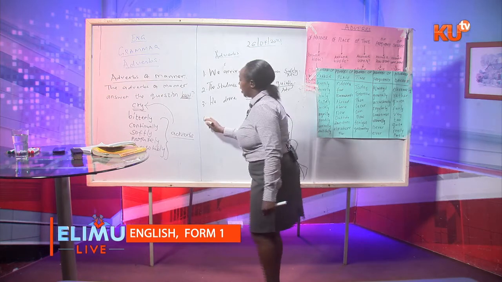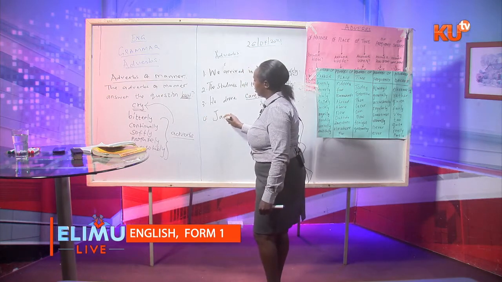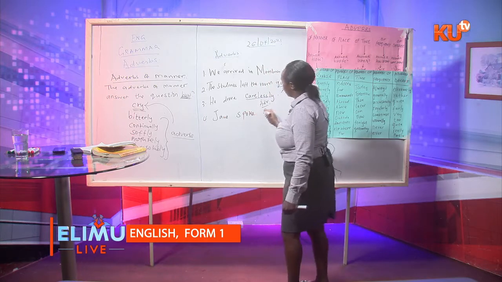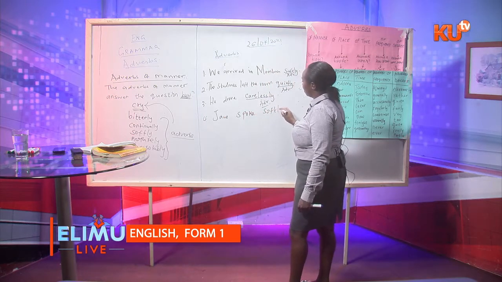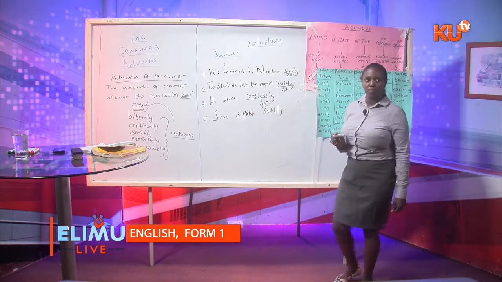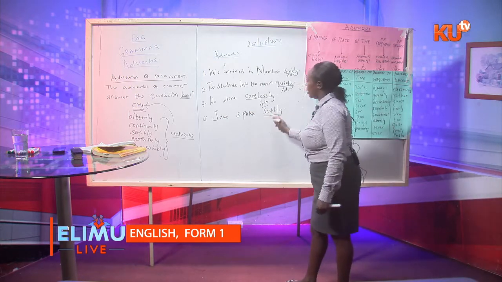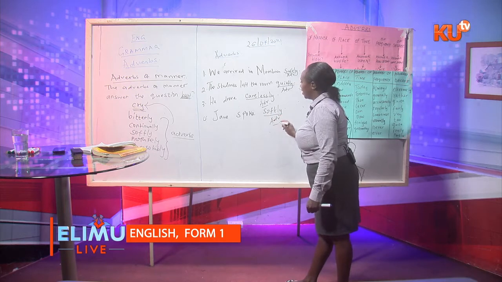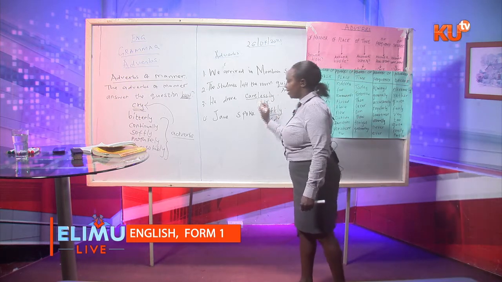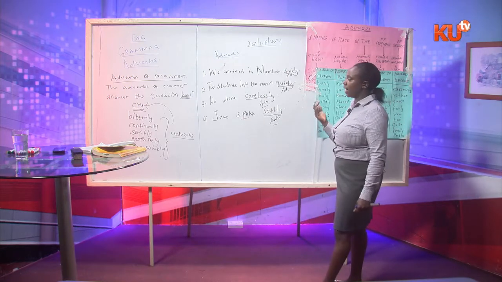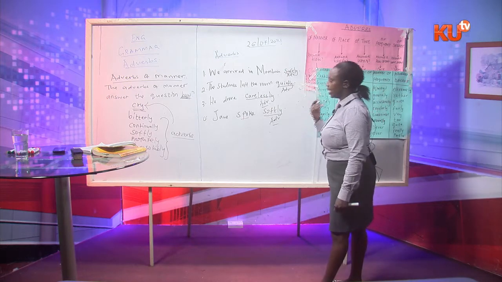Then we can say that Jane spoke softly. Softly is our adverb that is trying to modify the verb or telling us more about how Jane spoke.